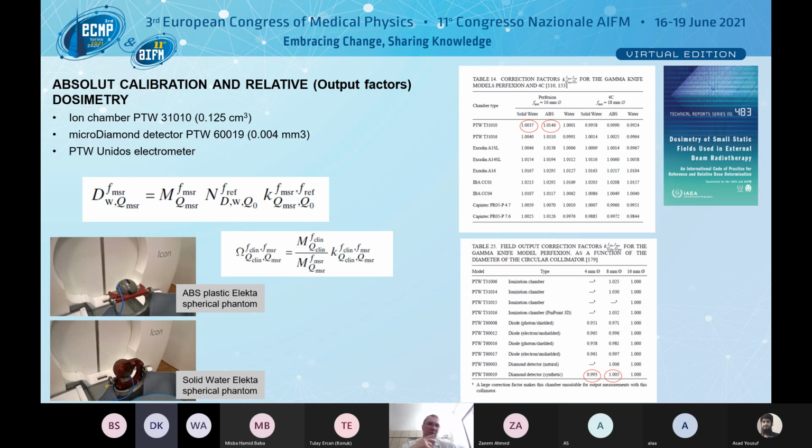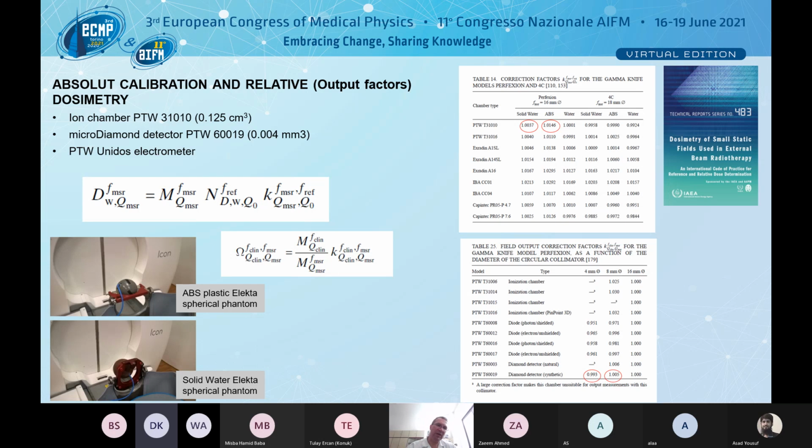And then you use this formula. You correct the signal for temperature and pressure, and simply multiply it by NDW and the correction factor from this new recommendation. Okay, thank you. Yeah, that's it. Pretty straightforward.